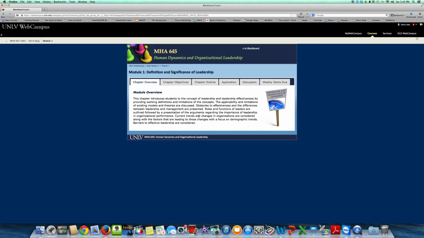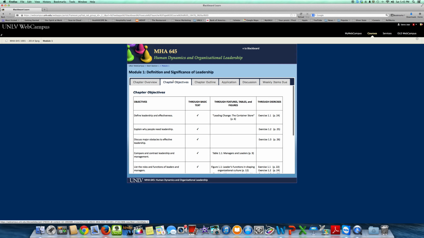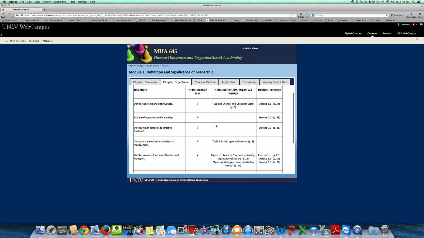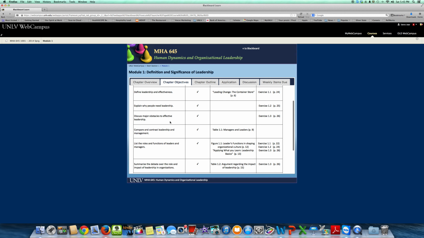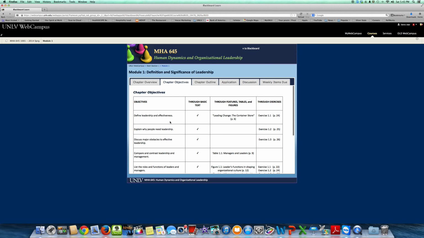As you can see here, you've got the chapter overview, chapter objectives. I put this in so that you could see specifically where in the textbook you can find the answers to the learning objectives or the chapter objectives.